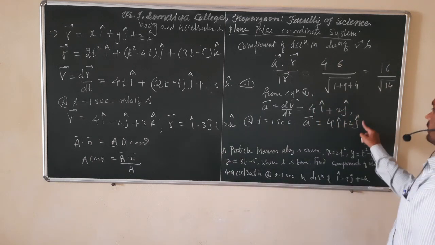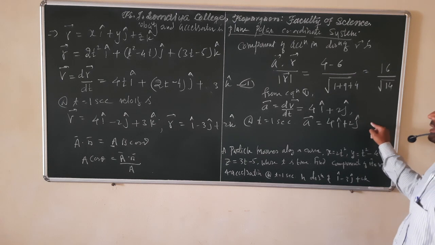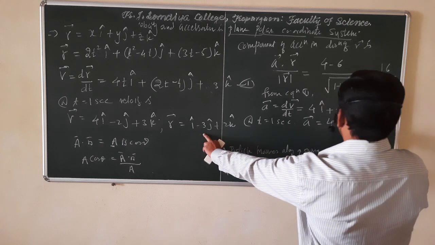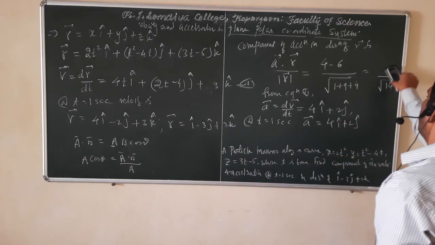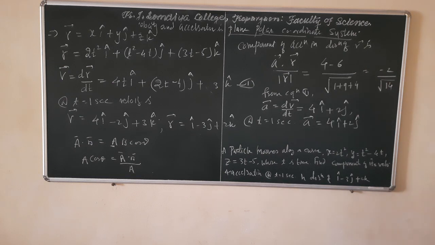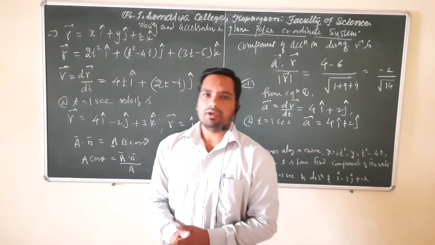And here there is no coefficient of k cap, which means the coefficient of k cap is 0. So 4 minus 6, which is minus 2. So minus 2 divided by under root 14 is the component of acceleration in the direction of vector r. Okay, with this we stop our lecture over here.